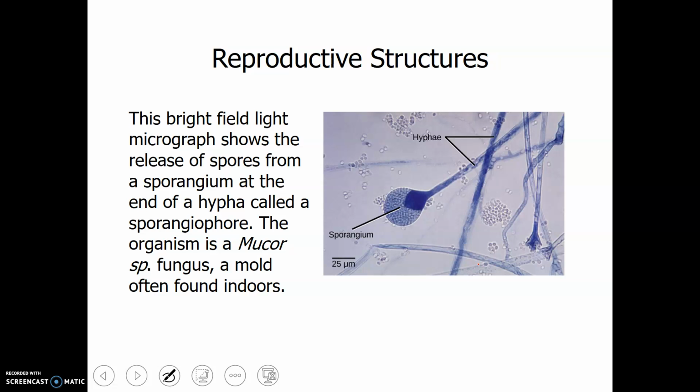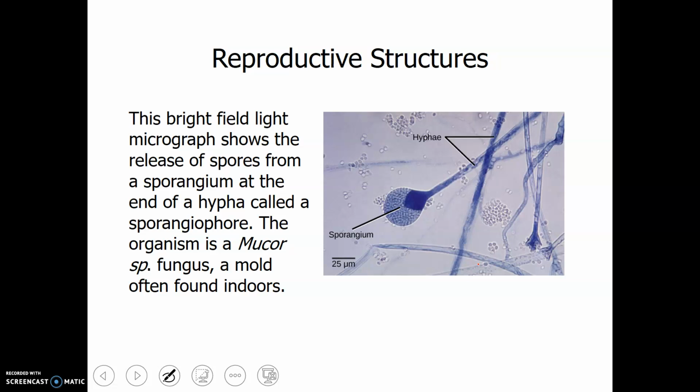This is showing the hyphae, and then it's showing the sporangium. The sporangium at the end of a hypha is called a sporangiophore. It says, this bright field light micrograph shows the release of spores from a sporangium at the end of a hypha, called a sporangiophore.